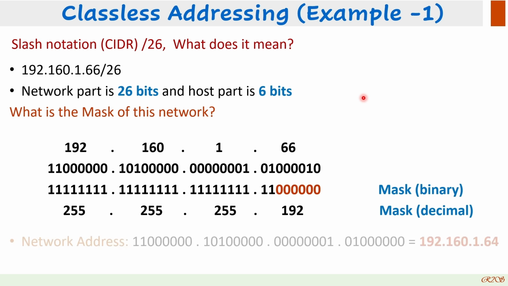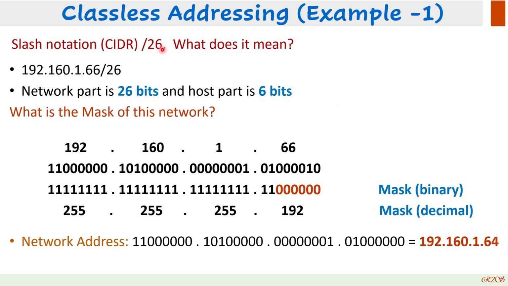The network address in this case: because this part is the network, all the others are 0. So the network address is 192.160.1 and then 1 followed by all 0s, which means 64. See, the network address is also different.